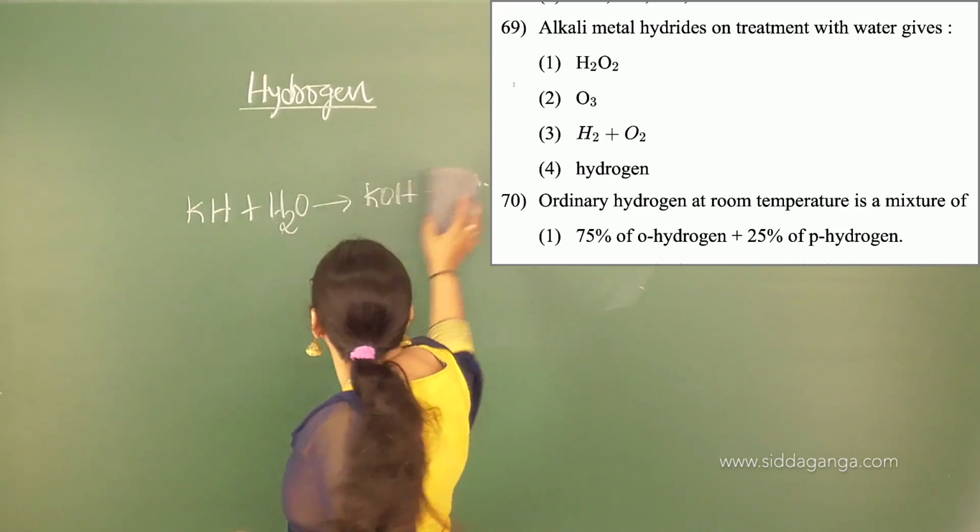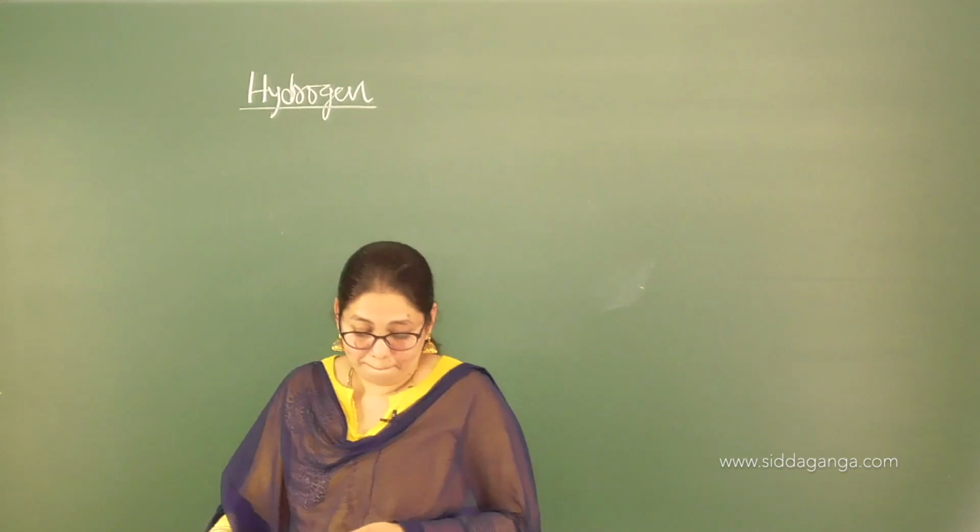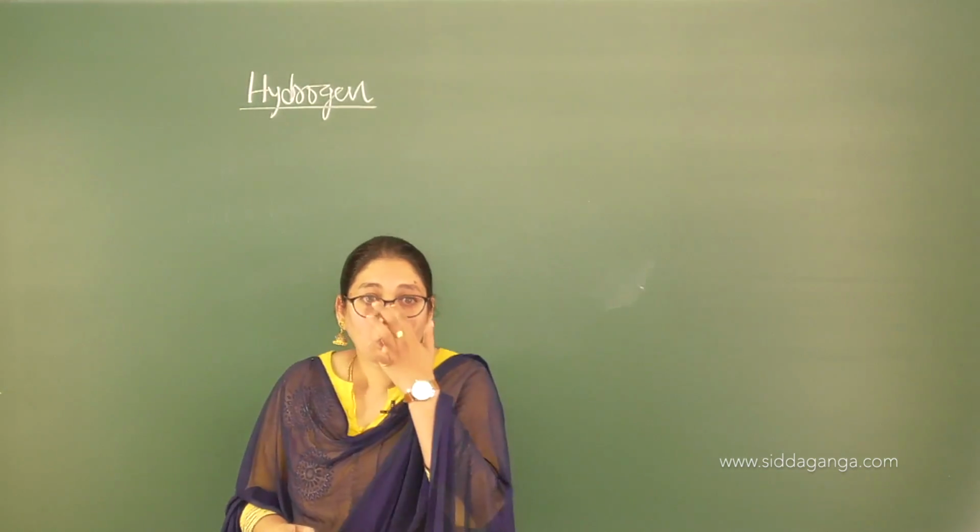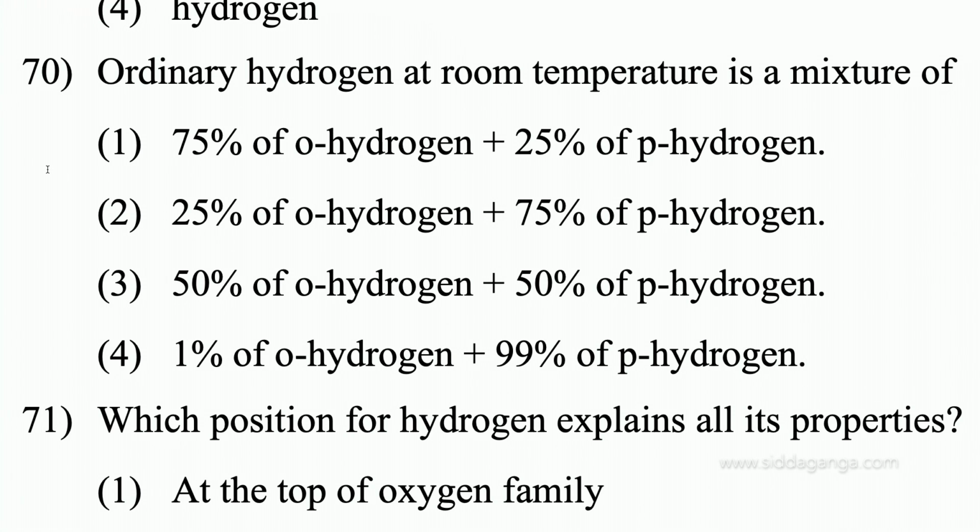Next question. Ordinary hydrogen at room temperature is a mixture of? So many options have been given. Out of those, the correct answer, I have given this information in the notes: 75% orthohydrogen and 25% parahydrogen. The temperature is ordinary temperature, that's why this ratio.